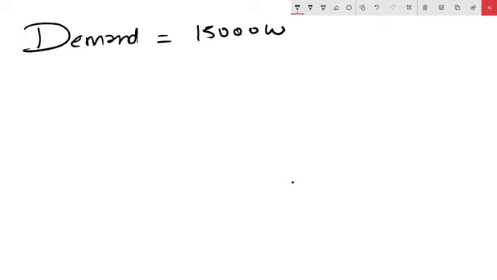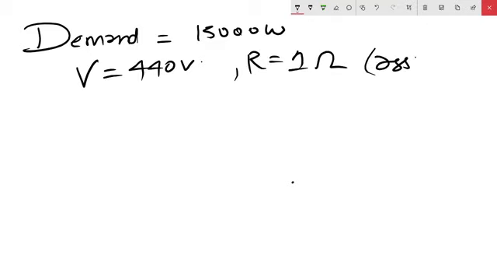Next, if considered conventionally, electricity generated on ship is 440 volts, so V is equal to 440 volt. On board ship we have a three-phase supply. Assuming a resistance of 1 ohm, R is equal to 1 ohm. That is not possible, but we are assuming this.